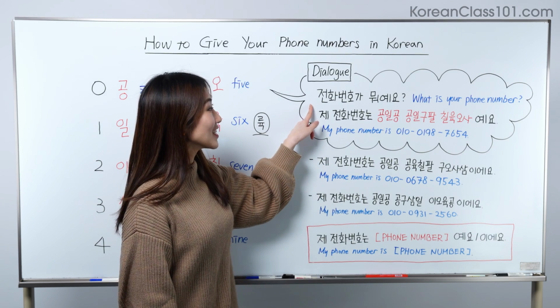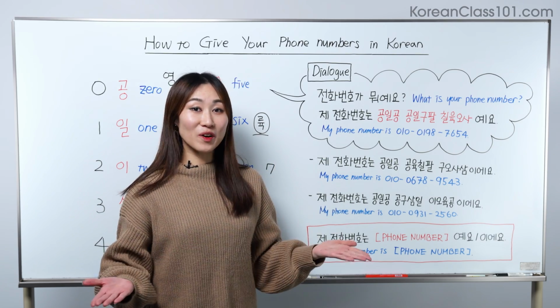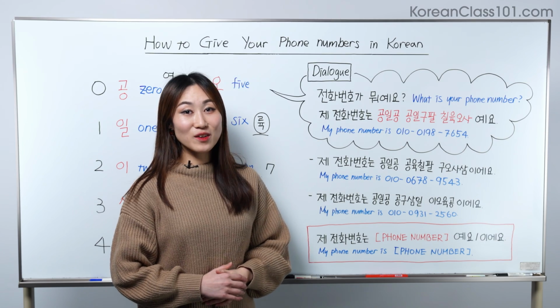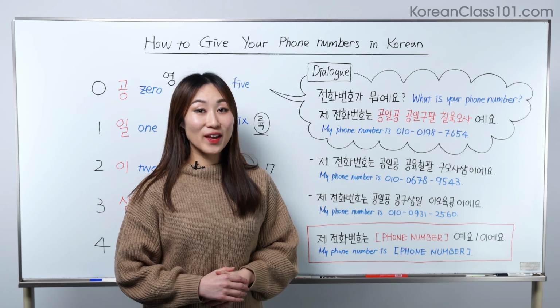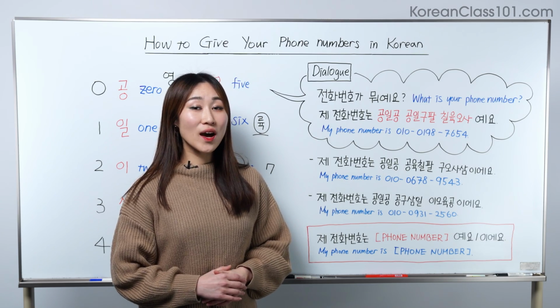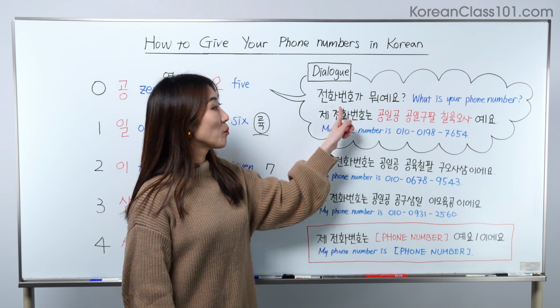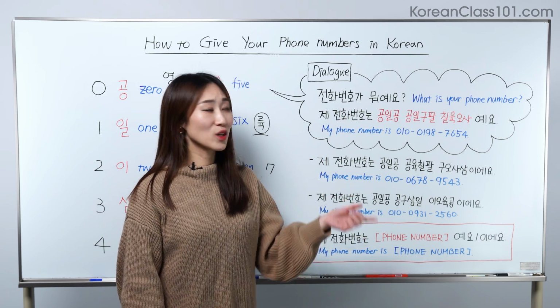Okay, so the first sentence means what is your phone number? 전화번호가 뭐예요? 전화 means phone. 번호 means numbers.